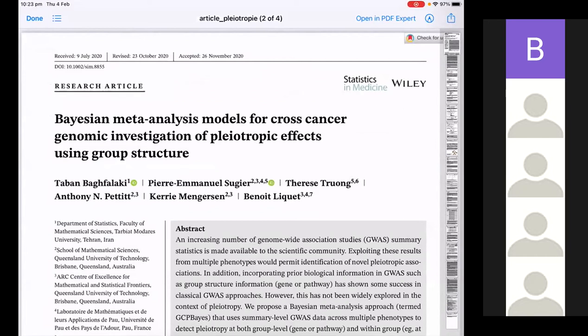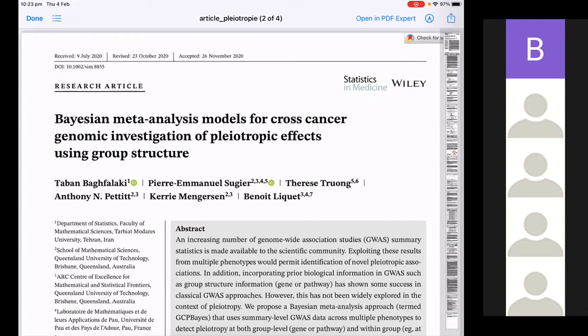And my area of expertise is also the Bayesian approach. Here we work with Bayesian meta-analysis to detect a pleiotropic effect. A pleiotropic effect in genetics is when you have a variant in the DNA which can affect multiple diseases.